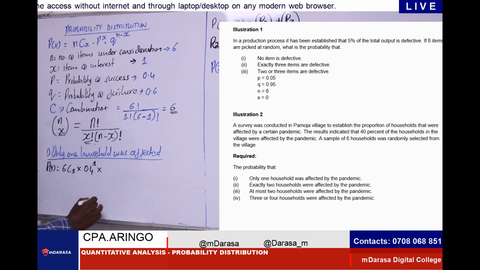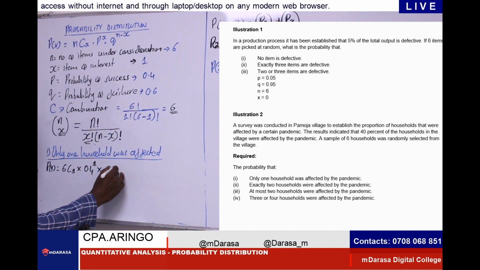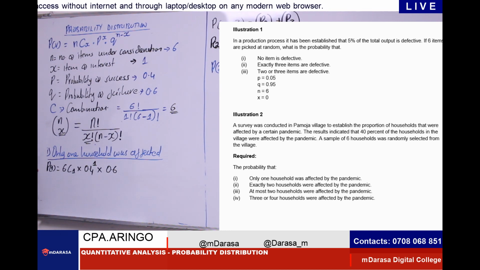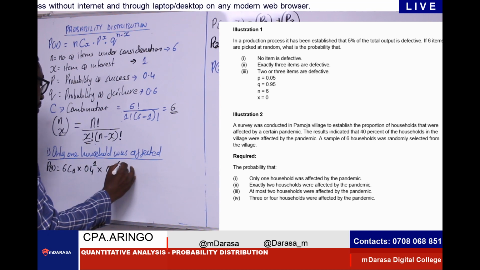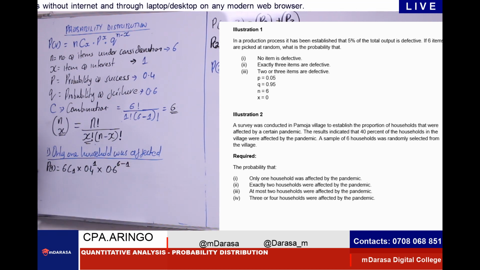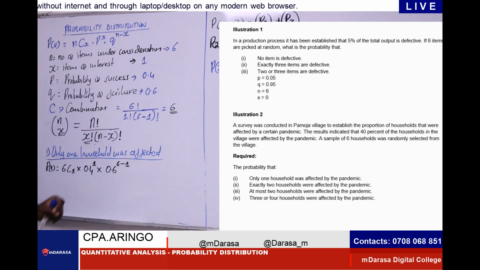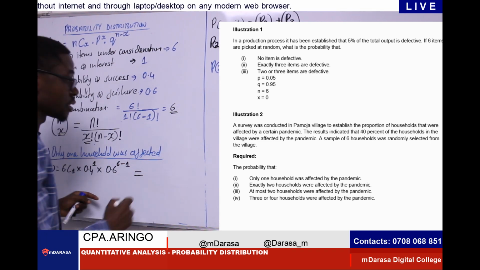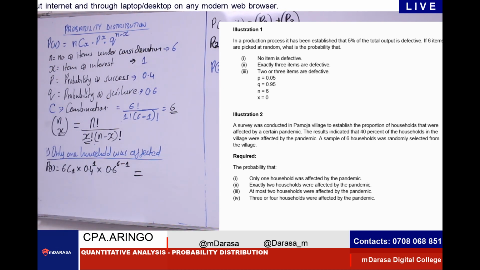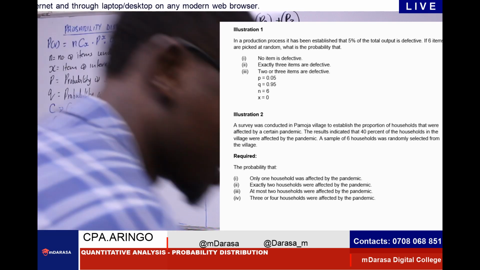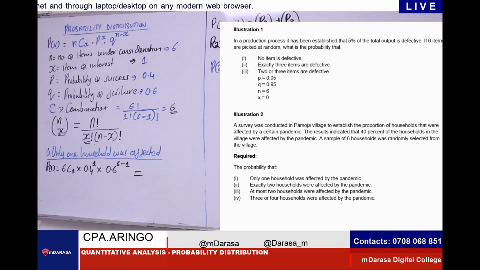We multiply by the probability of not being affected, which is 0.6, raised to the power 6 minus 1. See, n minus x, that's what we should have there. At that point, we can agree that with a lot of confidence, we can determine that very quickly.